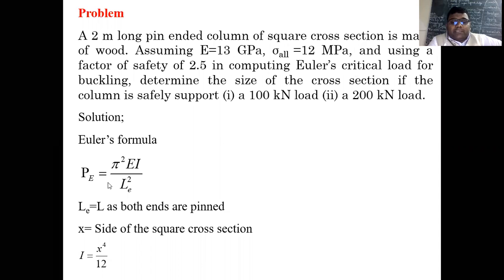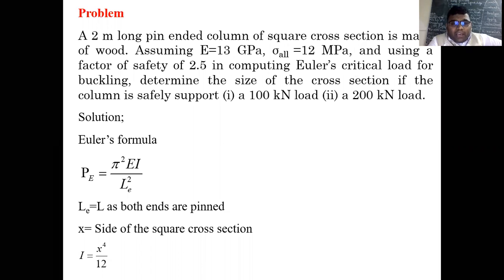So the Euler formula, you know, is P equals pi square EI upon LE square, where LE is the effective length of the column.